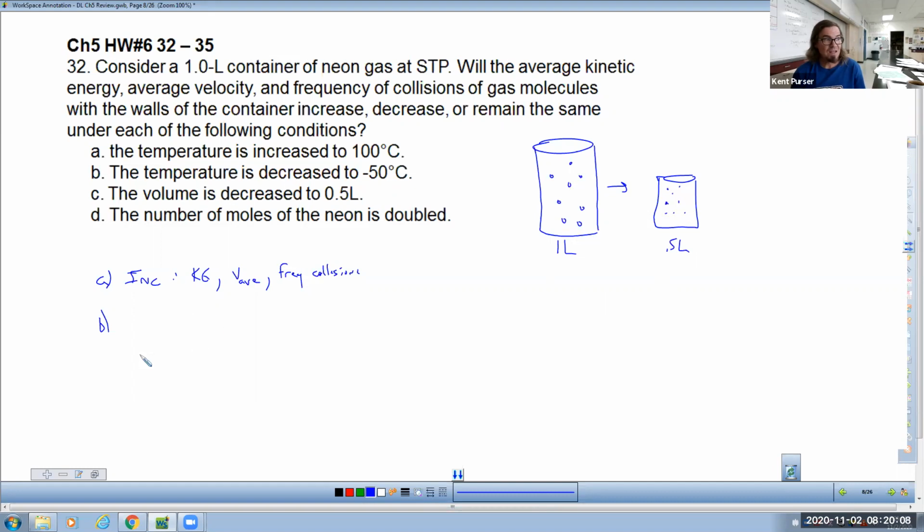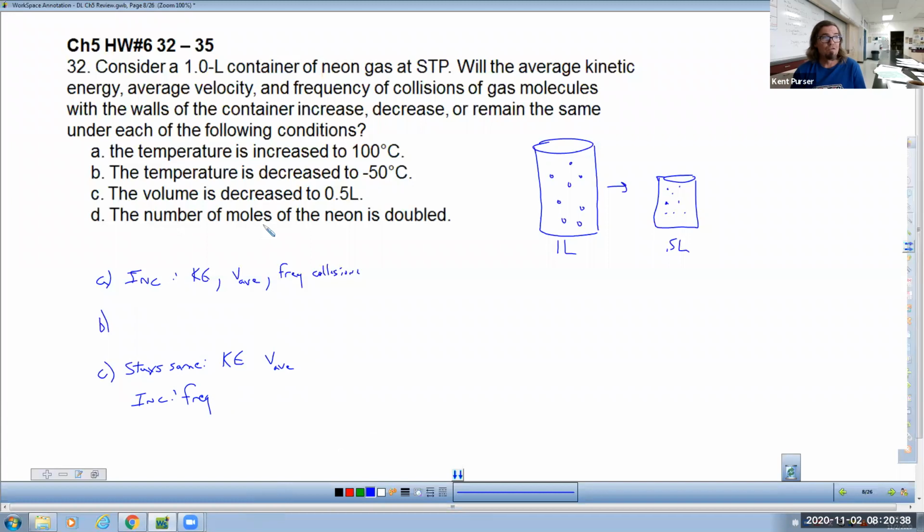So I'm going to say the kinetic energy stays the same. I'm going to say the velocity stays the same because temperature didn't change. But I'm going to still say that because there is less space for them, the frequency of collisions is going to go up. Okay, does that make sense? Because that's a good concept question there.